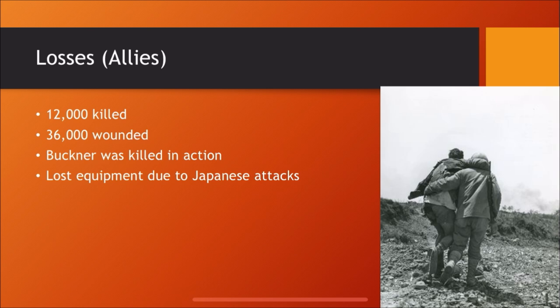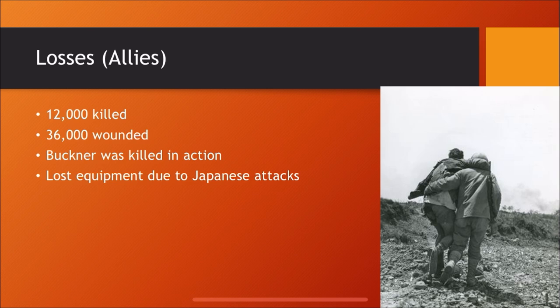In addition to that, the United States lost a lot of equipment because of the Japanese kamikaze attacks. The Fifth Fleet had 368 ships that were damaged and 36 that were completely sunk.